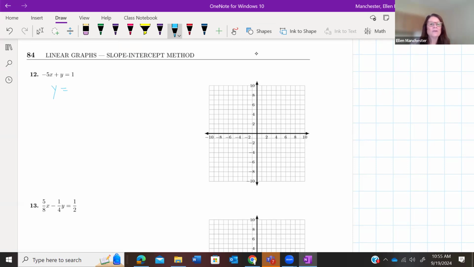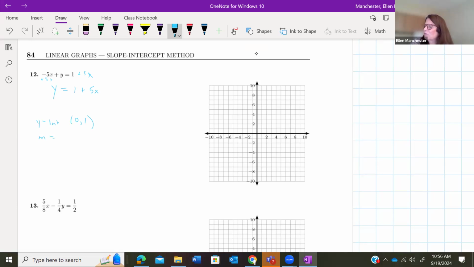All right. So here we go. We're going to add 5x to both sides. Get y by itself. Okay. So Yuritsa, if you are fine with this, which one is your y-intercept? The one. Good. So 0, 1, and the slope is only 5.